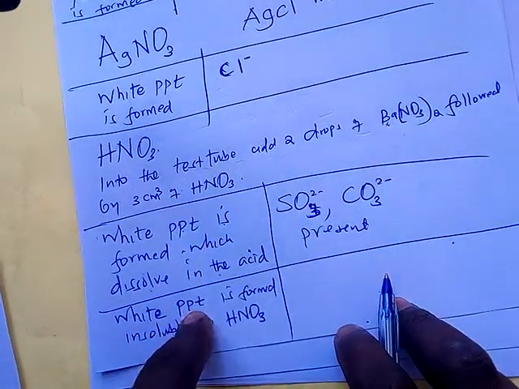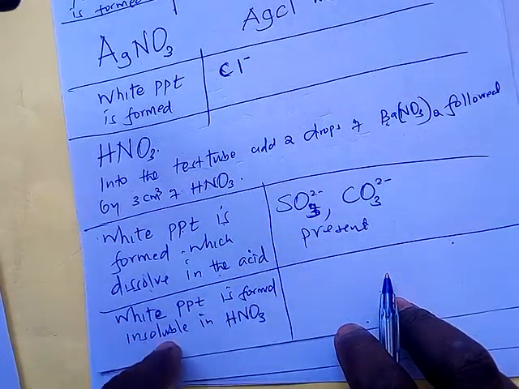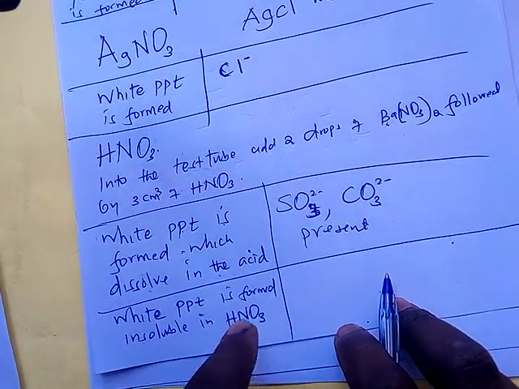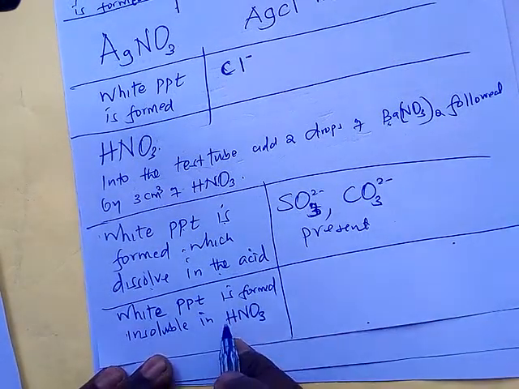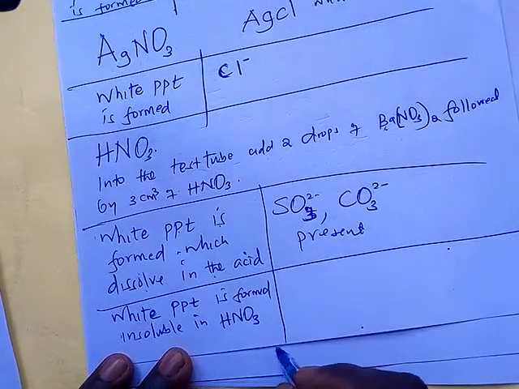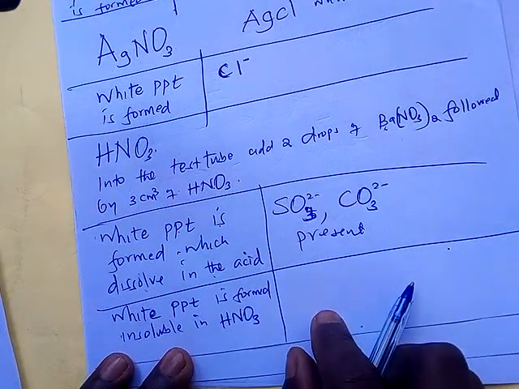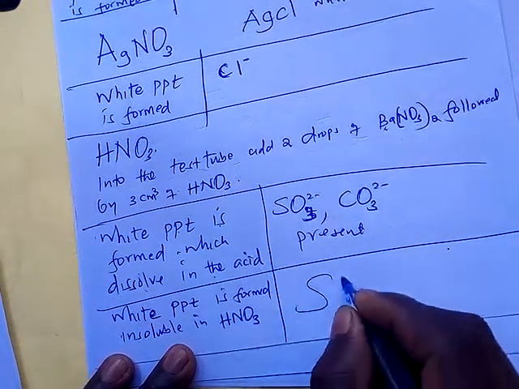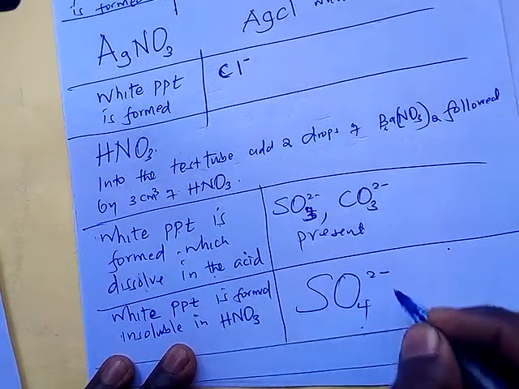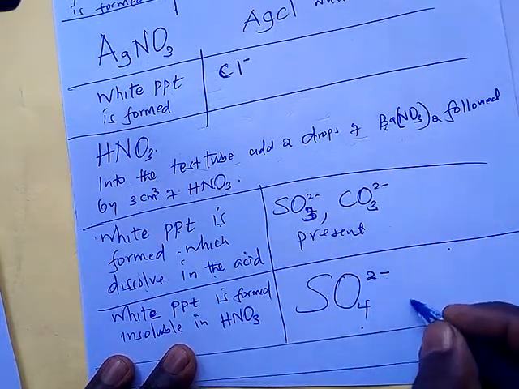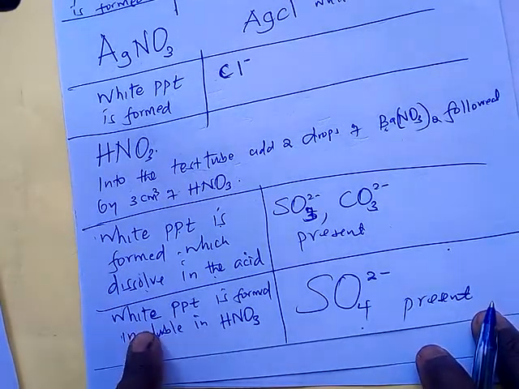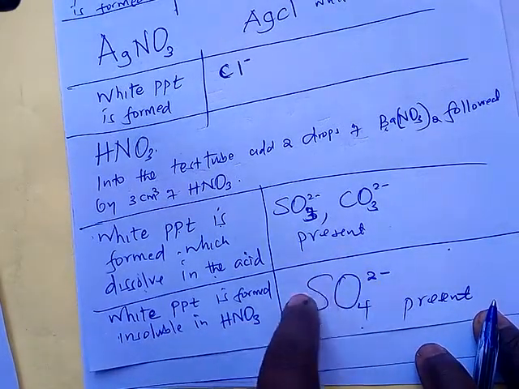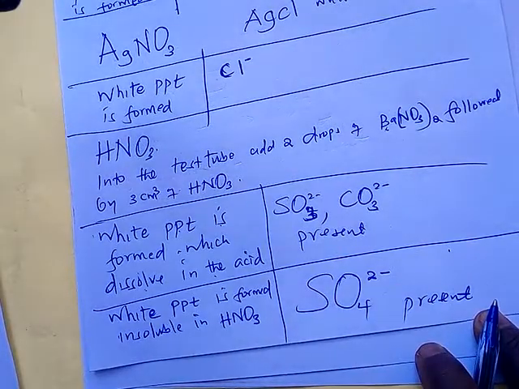A white precipitate is formed which does not dissolve, meaning that the white precipitate remains. The white precipitate persists. It means it is insoluble. So that confirms that it is barium sulfate. So the sulfate ions will be confirmed present. If it is insoluble in the acid, then SO4 is what is present.